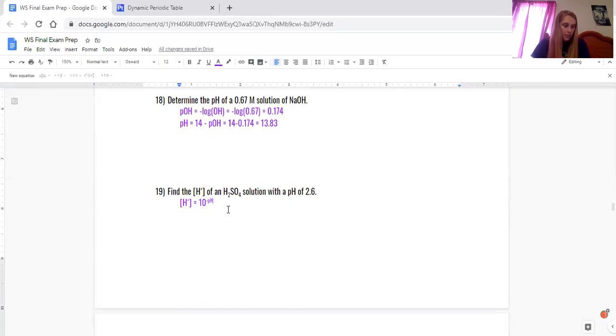And we know our pH. So that's going to be 10 to the negative 2.6, which is going to equal 0.0025 molar. And there's our hydrogen ion concentration.